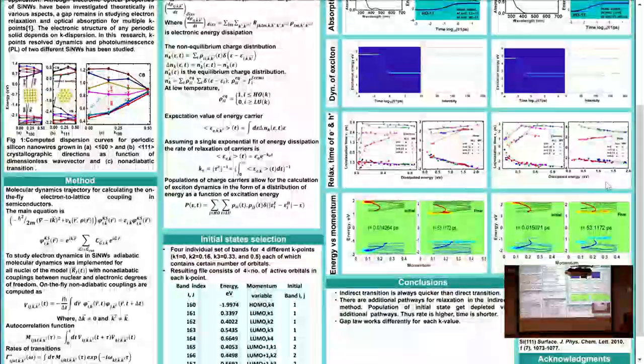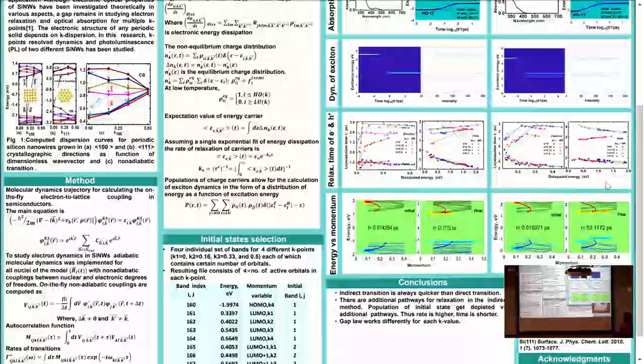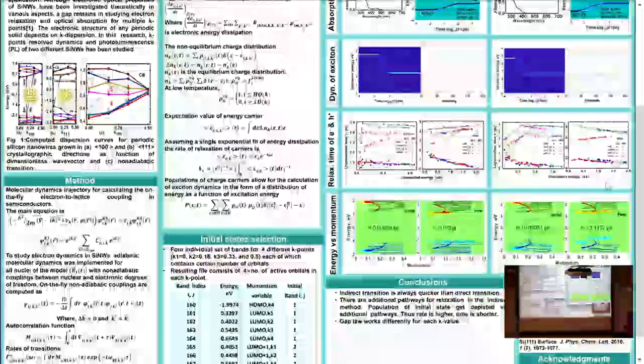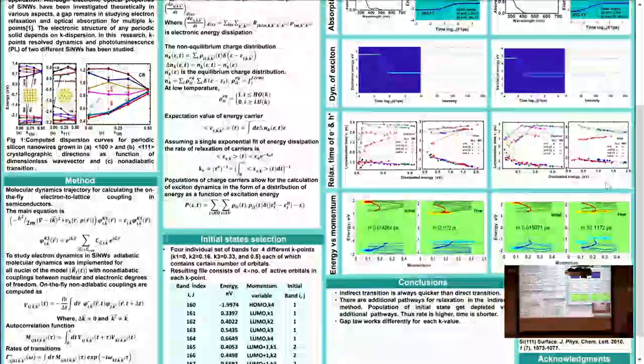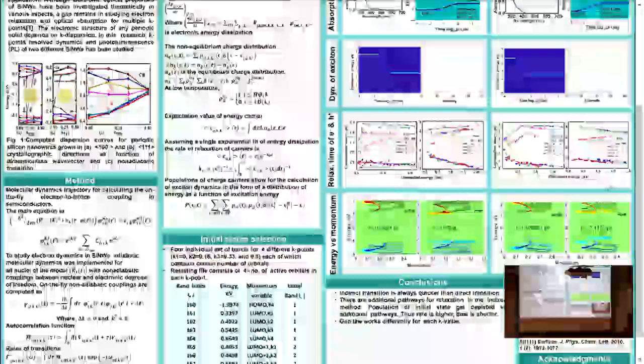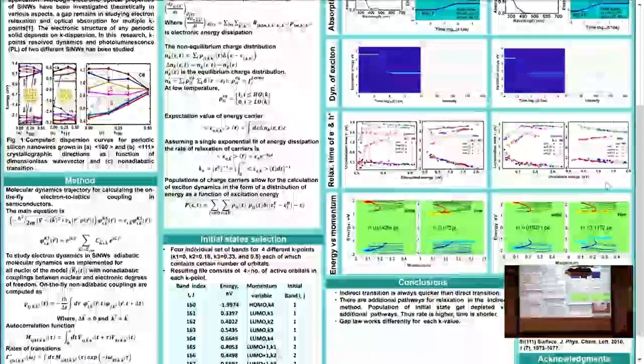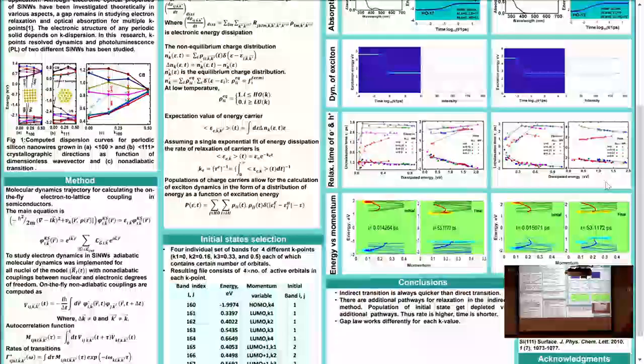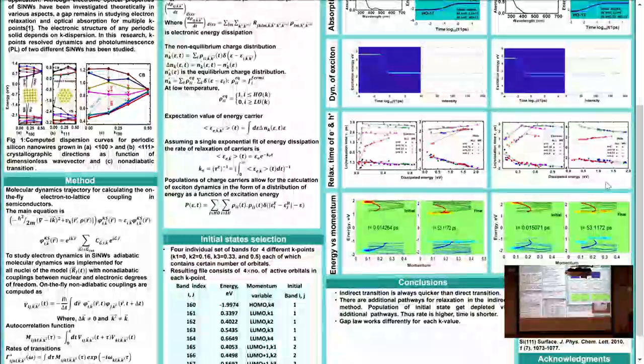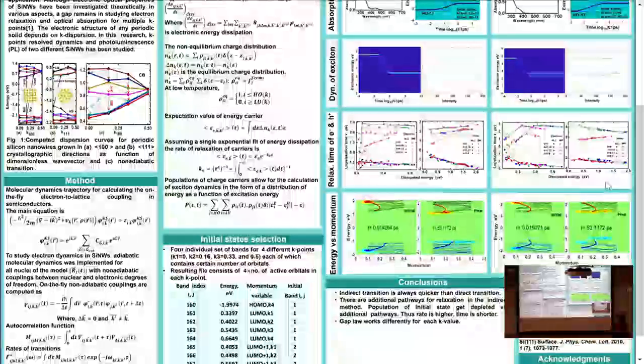But here we consider 10 states based on the highest oscillator strengths. The same thing happens here: this is for 10 states below HOMO and 10 states above LUMO, and this is 10 states for the highest oscillator strengths.